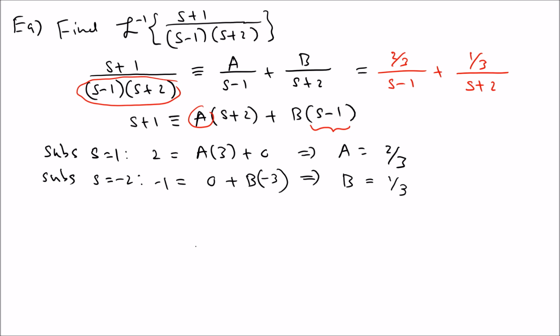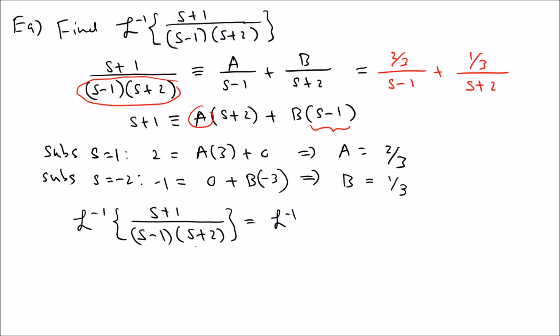Now we can write the answer, because after we get the partial fraction, we can just split. So the inverse Laplace transform of (s plus 1) over (s minus 1)(s plus 2) equals, we can split them into two.